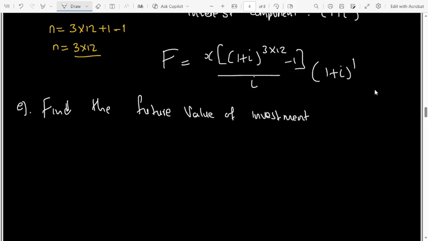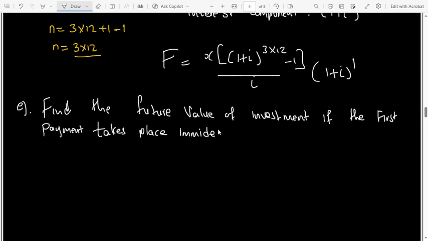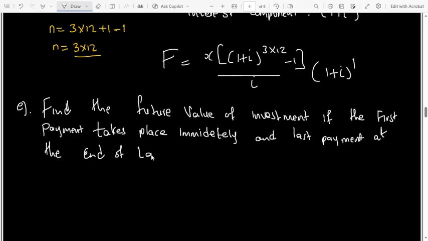And for this one, let's say if the first payment takes place, let's say immediately, and the last payment at the end of, let's say, the last month, at the end of the last month.